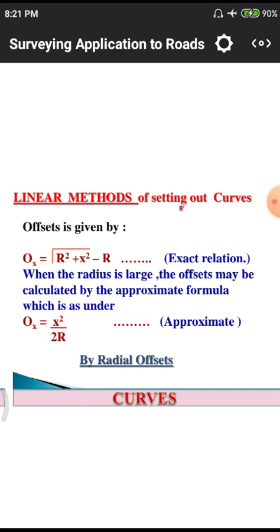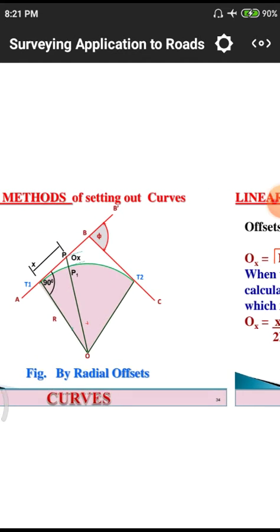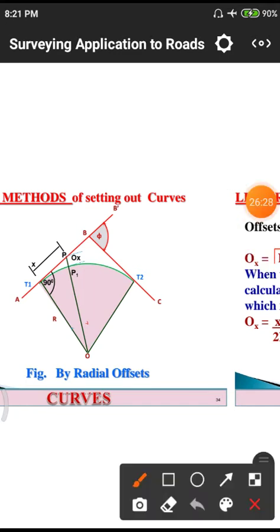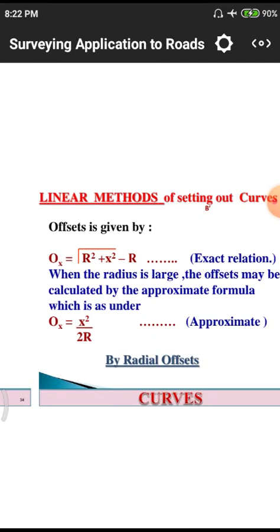We have radius equal to R, and at a particular length X, this is the portion X. O X equals the square root of R square plus X square minus R, that is the relation we use. So O X equals X square by 2R, the appropriate formula.